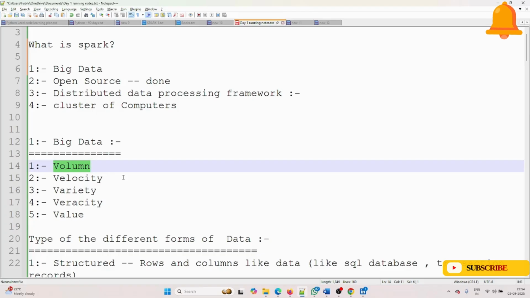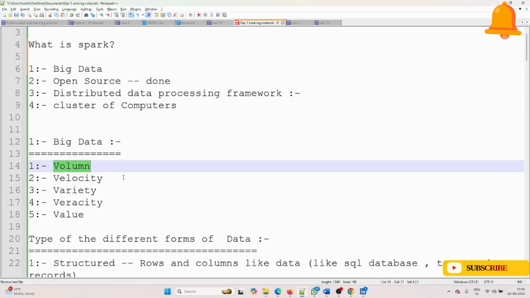Why are we focusing on velocity, and why is it important? If data comes fast but you process it slowly, the insight becomes useless. For example, detecting a fraud transaction must happen in 1 second, not after 1 day.